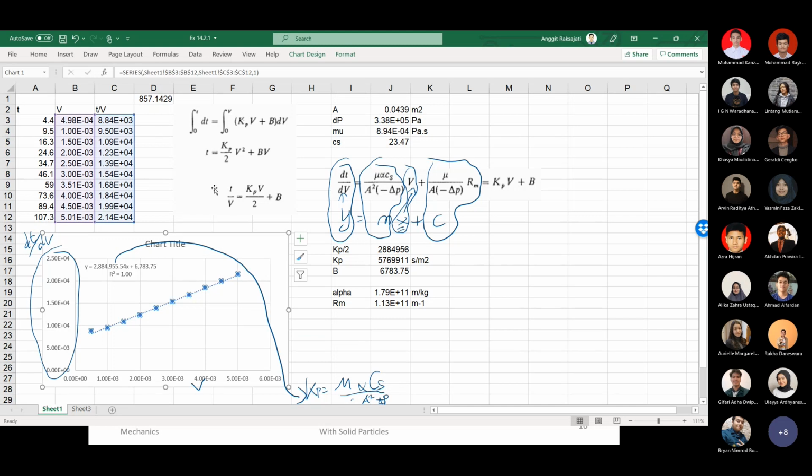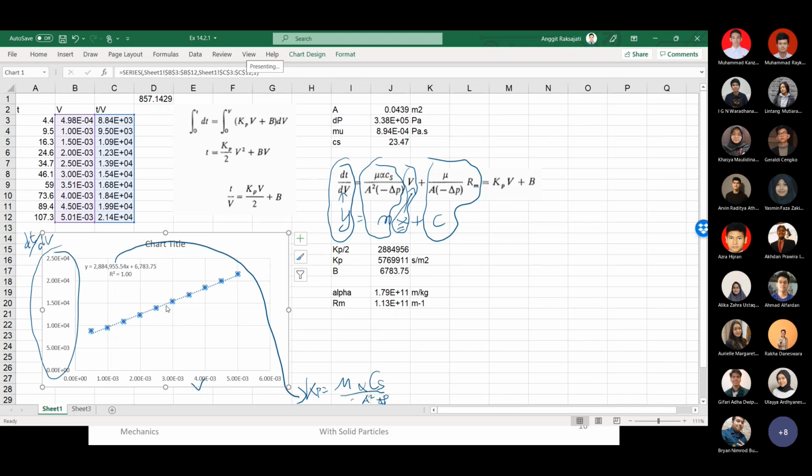So you just need to plot it. Your x-axis is B3 to B12, the volume. Your y-axis is C3 to C12, the T per V. Consistent with my explanation. Then, by looking visually, it looks like a first order correlation, as can be derived over here.